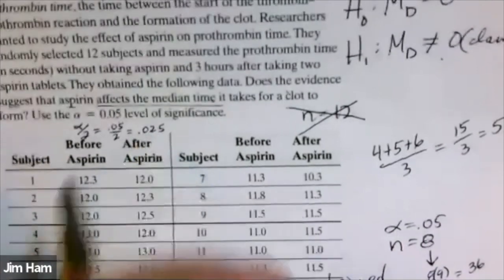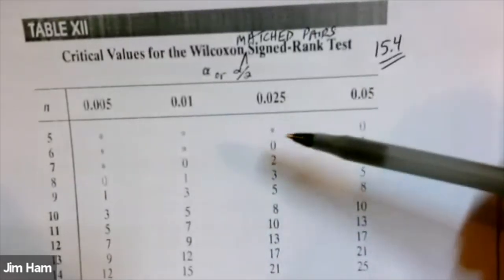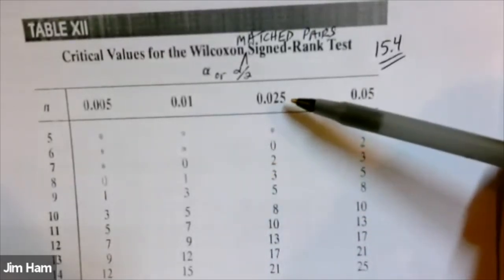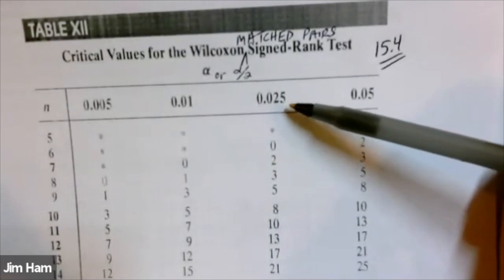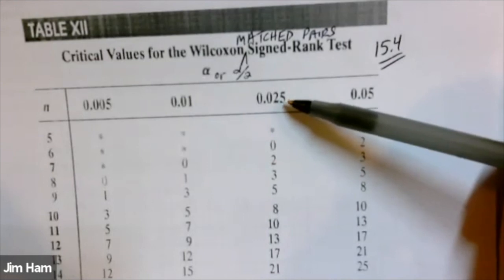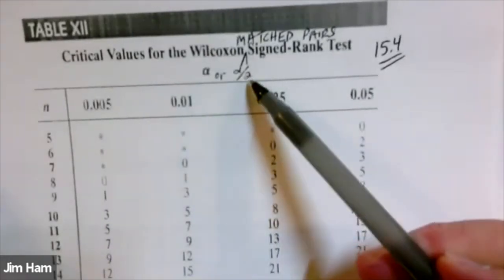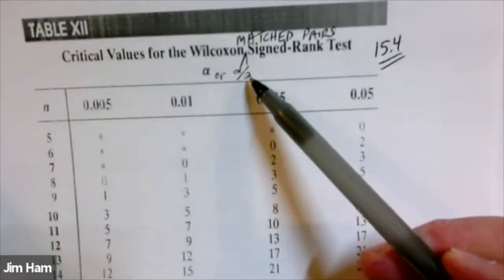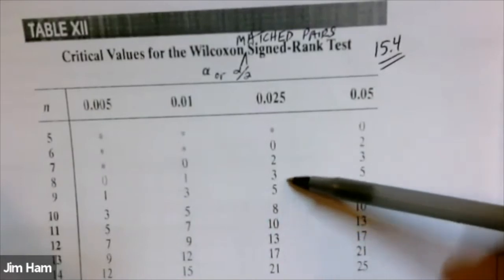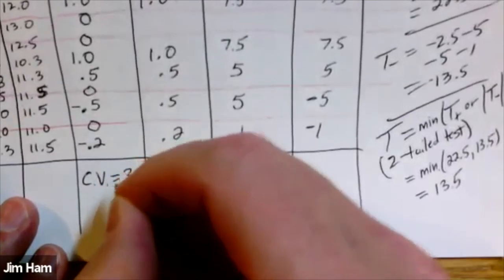So instead of selecting this one here, we're going to select this one here. So that's what we've done even in the classical approach. When we had alpha equals 0.05, if we had a two-tailed test, we'd put half of it to the left and half of it to the right so that you get 0.025 to the left and 0.025 to the right. Same idea here. And that's why I wrote alpha or alpha over 2 here. So you come down to your 8, and yes, it's 3. So critical value equals 3.